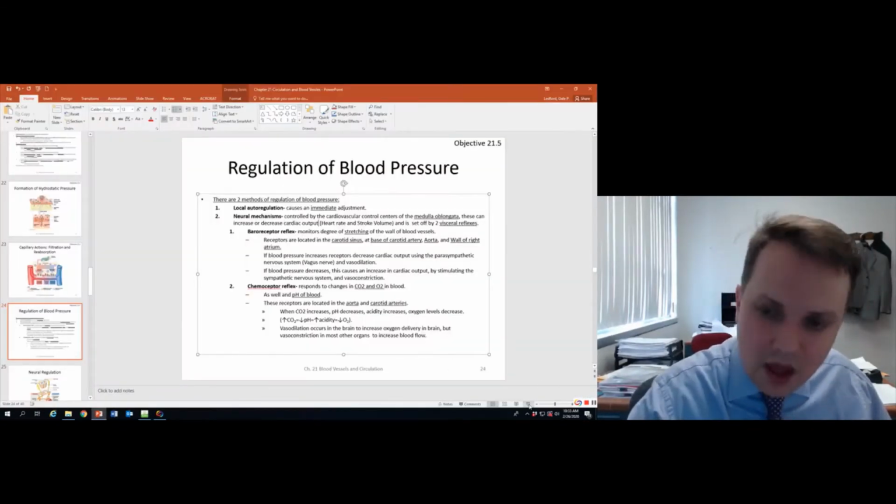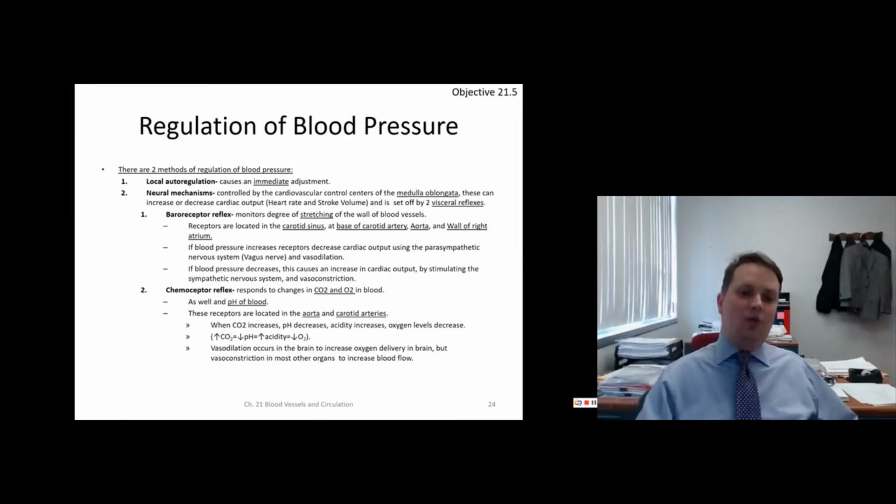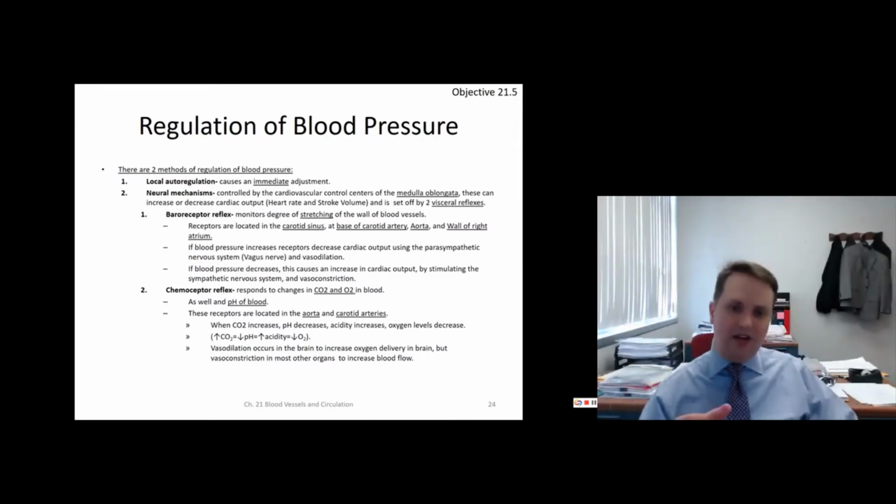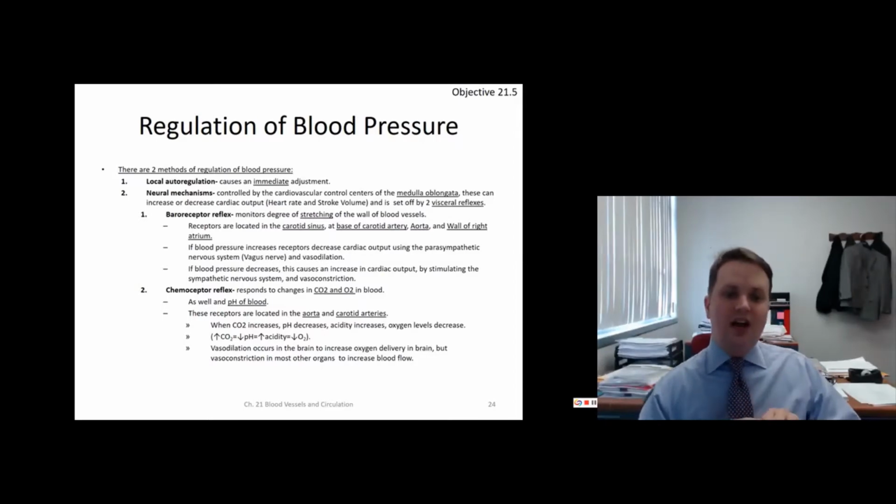Okay? Now, one of the things it does is it vasodilates as well, so you make your blood vessels open up. If blood pressure goes down, that means we want to increase the cardiac output, make the sympathetic nervous system increase your cardiac output, increase heart rate, increase stroke volume, and also vasoconstrict.